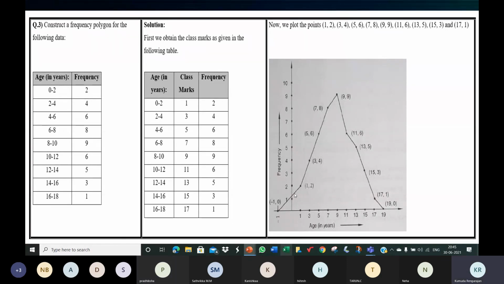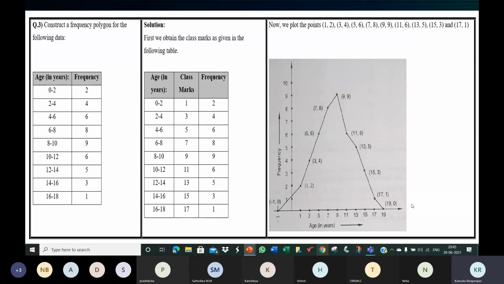Frequency must be taken along the y-axis and class marks along the x-axis. So we need to plot all these points.